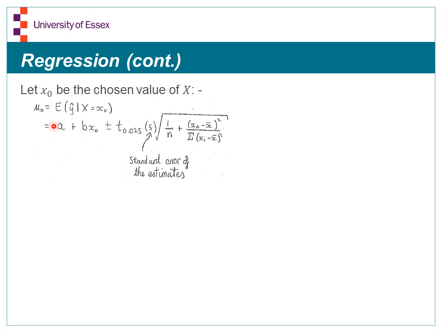So this is my linear calculation that we observed on the last page, but then I need to either add or take away. I need to do both so that I get a value above and a value below. So t of 0.025, so I'm taking the point from my t distribution to put a probability scale along with this, and then I have to multiply that by the standard error of the estimates, and then multiply that by the square root of this ugly looking thing here.